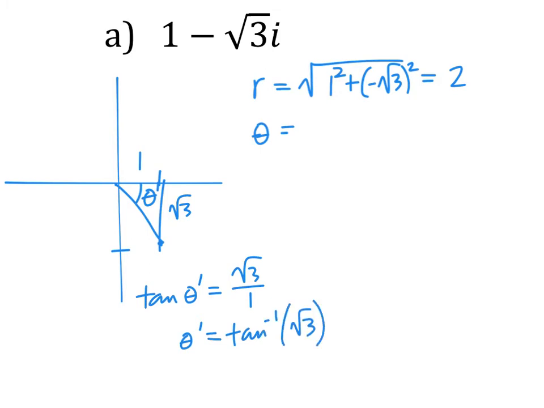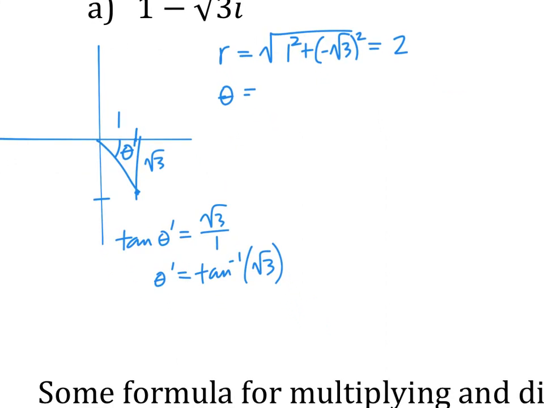Inverse tangent of square root 3 is going to be pi over 3. Yes, pi over 3. Okay, so then that angle from 0 is going to be 5 pi over 3.